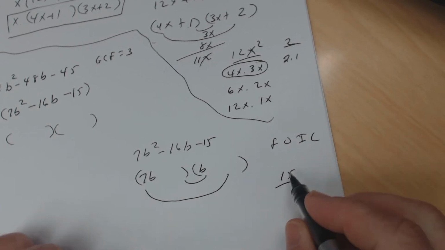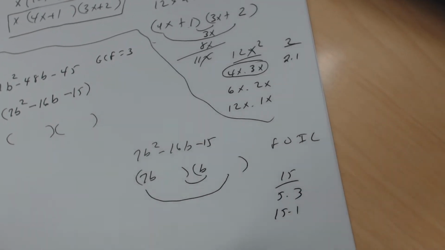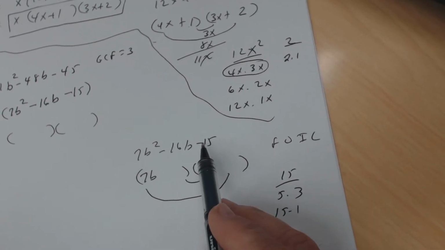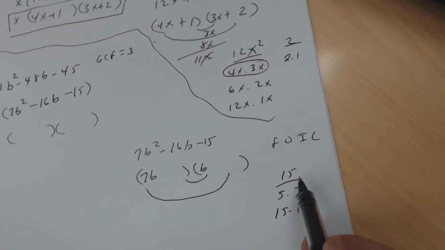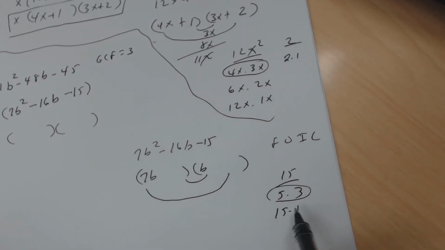The possibilities for 15 are 5 times 3, 15 times 1. Keep in mind the constant is negative 15, but I'm just looking at the absolute value for right now. So there are 2 possibilities, 5 and 3, 15 and 1. Let's try the 5 and 3 first since they're closer together on the number line, and we'll try 15 and 1 if that doesn't work.